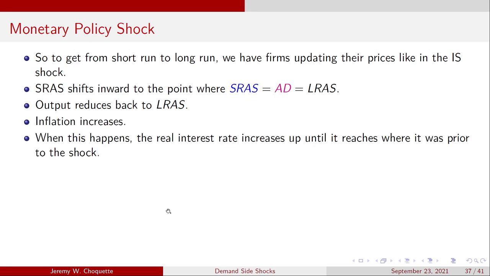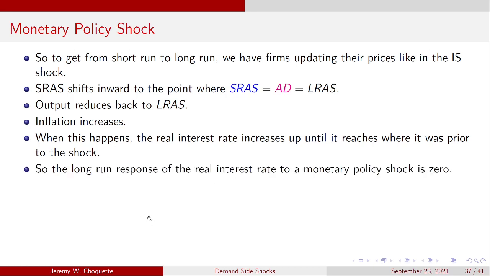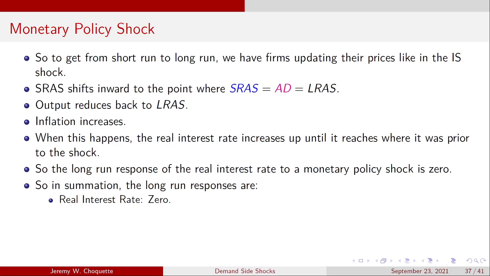When this happens, the real interest rate increases until it reaches where it was prior to the monetary policy shock. The long-run response of the real interest rate to a monetary policy shock is 0. In summation, the long-run responses are: the real interest rate is 0, it drops but goes back to where it was. Output, 0, goes up but goes back to where it was.